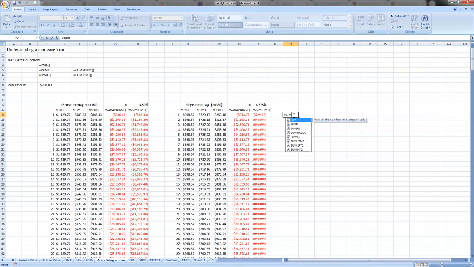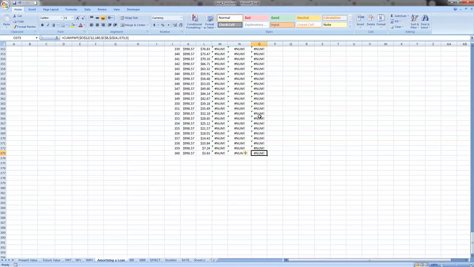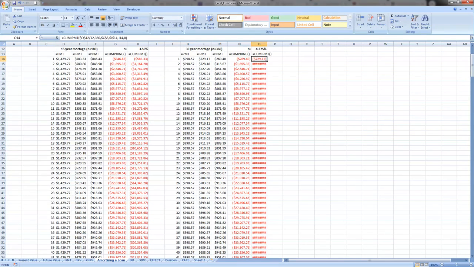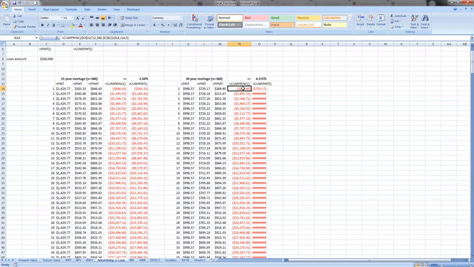What we can see is the sum of these two values, and they should add up to our payment, which it does. Perfect. That looks correct. These values match these.